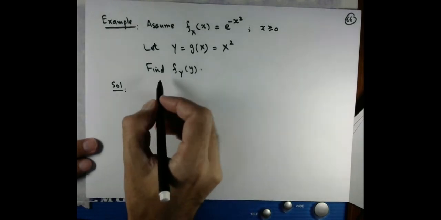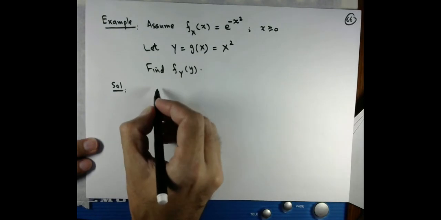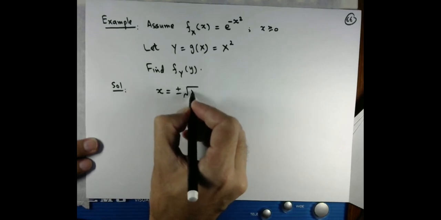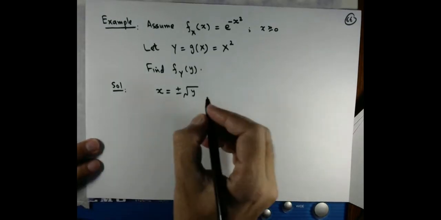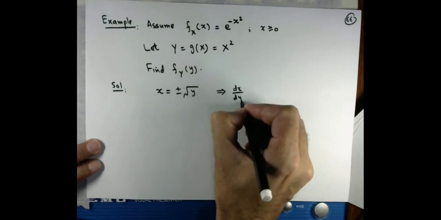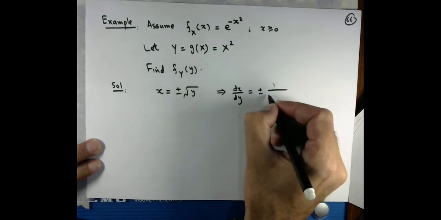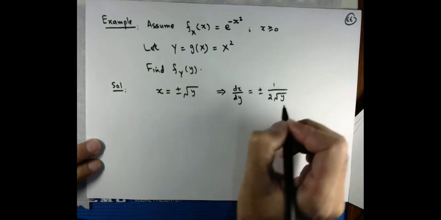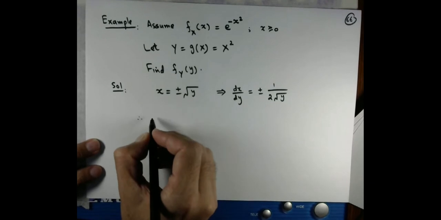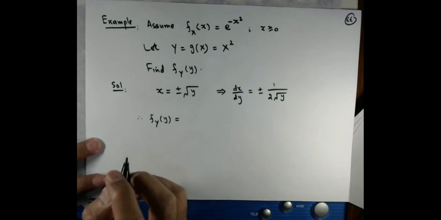So now you know that if y is equal to x square, then we can write x is equal to plus minus under root y, and this then implies that dx over dy is simply plus minus 1 over 2 times under root y.